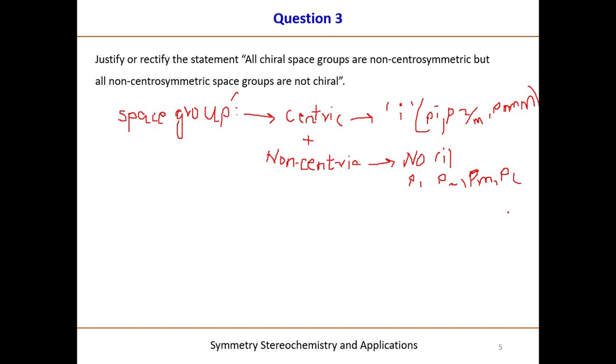While talking about the non-centric space groups, they are further divided into two types. The first one is chiral and the second one is achiral, that is, not a chiral molecule. So I am writing here, the first case is chiral, and this one is achiral.